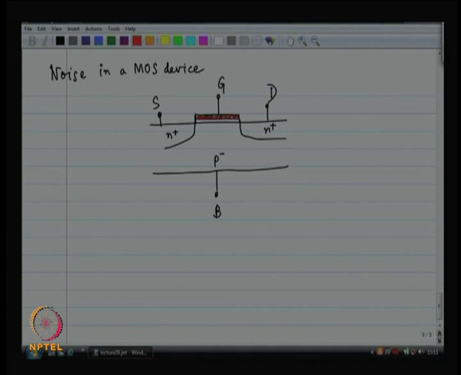So, when you apply a voltage between gate and source, let us say source, drain, body, everything is connected to 0 volts. You apply a voltage between gate and 0 volts. So, gate is let us say at 5 volts, much above the threshold voltage. Then what is going to happen?